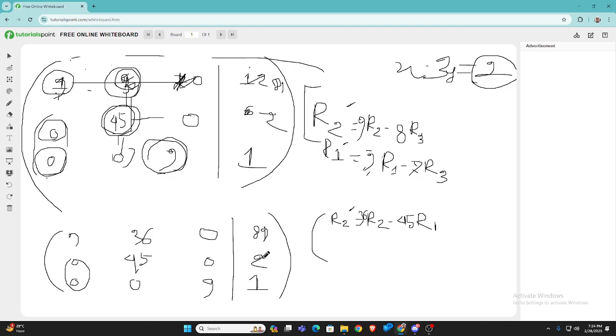Oh, I seem to have made a mistake, sorry for that. It will be R1 equals, my mistake, a big one. You just have to be concentrated on this, right? Just be concentrated. So in the 36 R1 equals 36 into 45 actually. 45 R1 minus 36 R2.